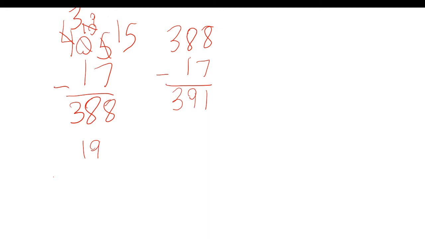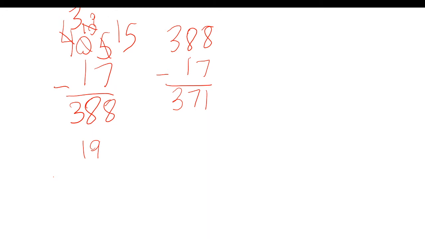Well, what do we have here? We have 391. When we take away 17, we start over here, we take away 17, something is going on. Because 8 minus 7 is 1. 8 minus 1 will be messed up on the subtraction. Always look for errors because they can mess things up. 8 minus 1, that's 7. That's not 9. Now we have 371.